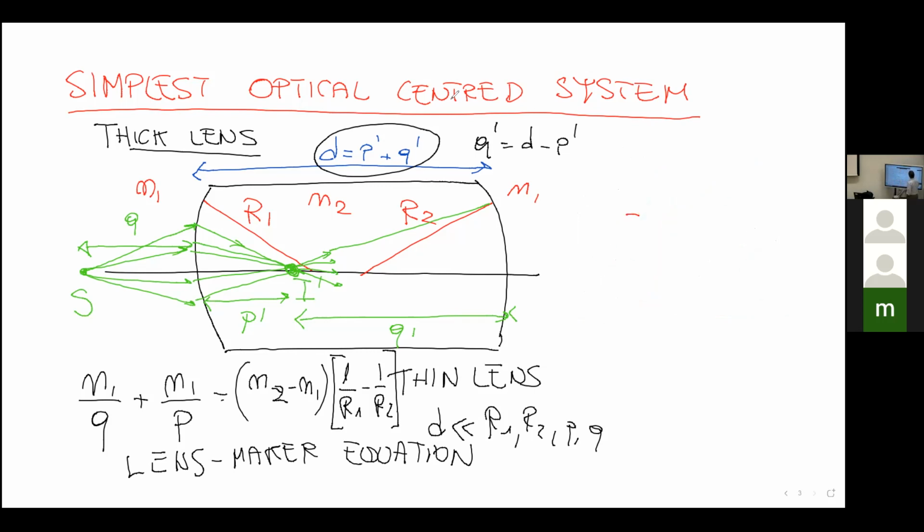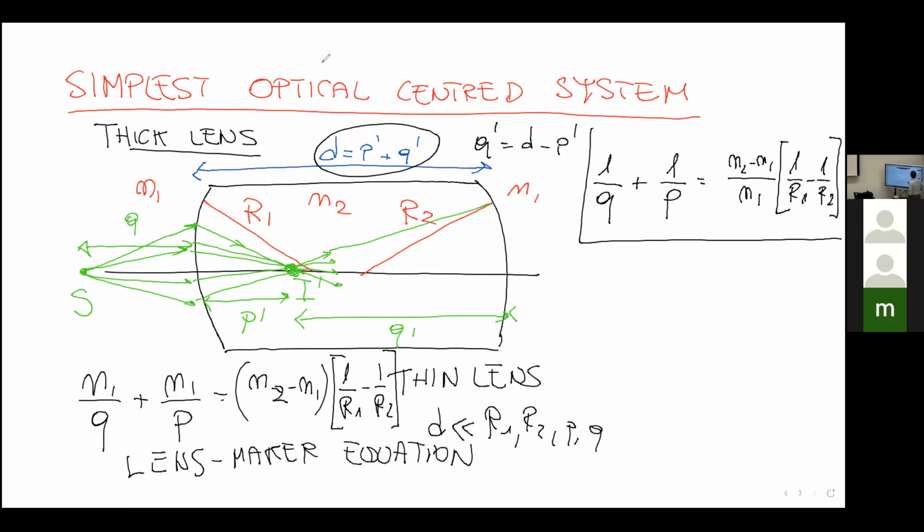You can divide by N1, and so you have 1 over Q plus 1 over P is equal to N2 minus N1 divided by N1 times the difference of the inverse of the radii of curvature of the two diopters. You get this, okay?